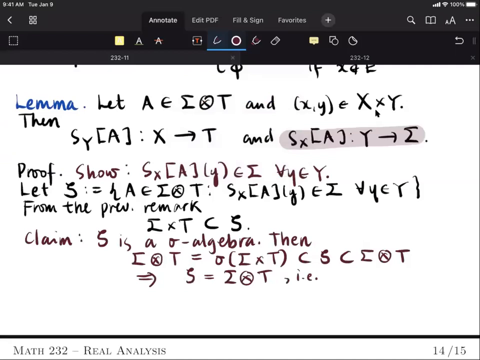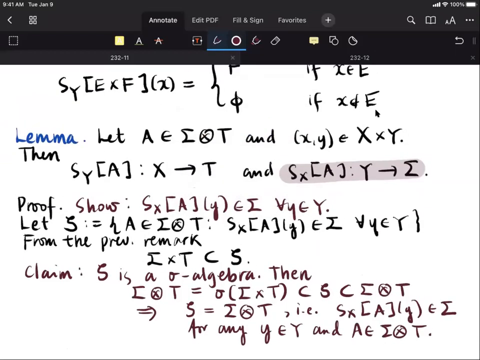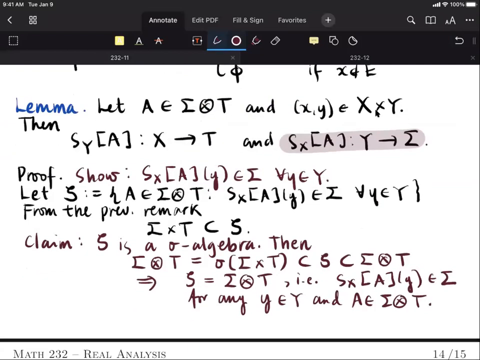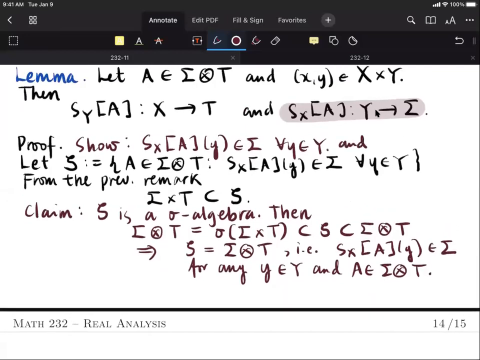That is, the section is in sigma for any y in capital Y and A in sigma cross T. And this is a restatement of this one. We put it here for emphasis that A is in sigma cross T. Thus, it suffices to show that S is a sigma algebra.